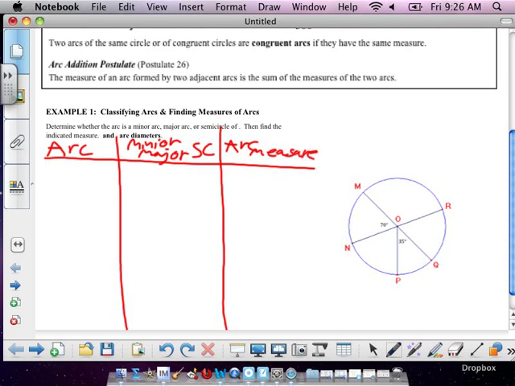The first thing we've got is MN. Is that minor, major, or a semicircle? Minor. Okay, what would the degree be of M to N? 70.